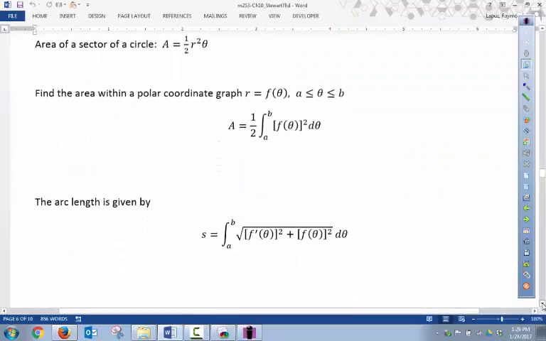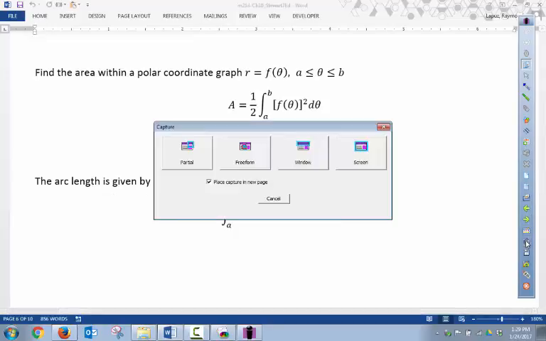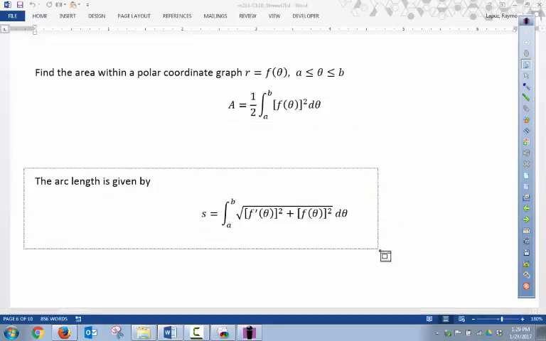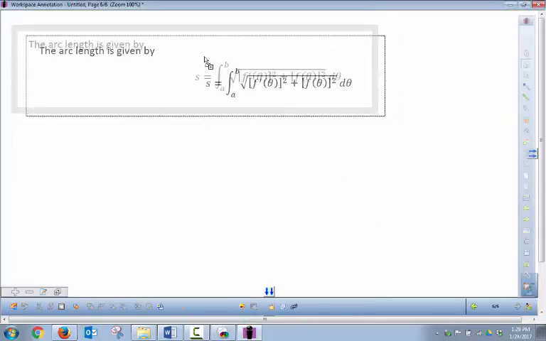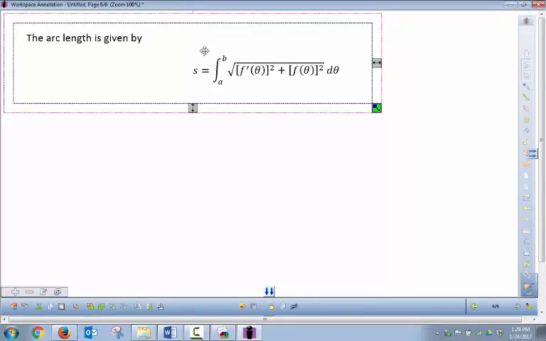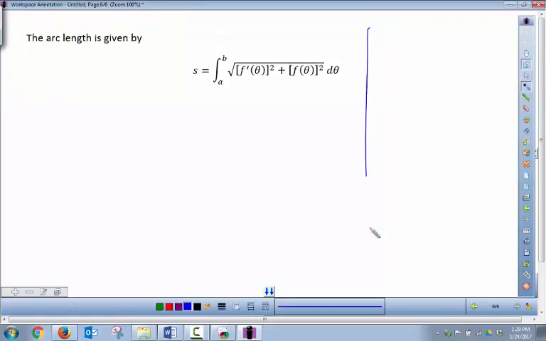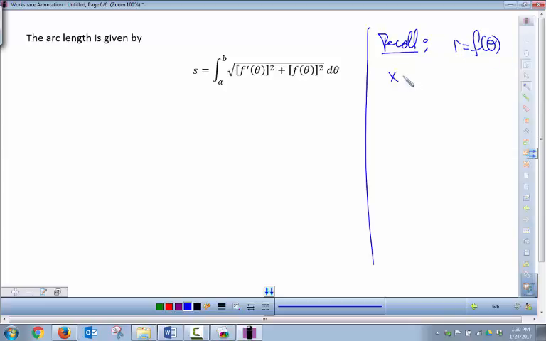All right, now the arc length. So here's the formula for arc length. We should try to rederive it again. Maybe I'll take steps to talk about rederiving it, but I won't finish it. If you remember at the beginning of class, we changed our r equals f of theta polar coordinate graph into parametric equations.